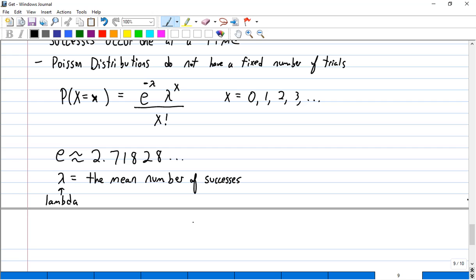There is an uppercase and a lowercase, so this isn't the one you're used to. It's probably because I believe this is the lowercase lambda. One fun fact about lambda or about Poisson distributions is that the mean equals lambda and the variance equals lambda.